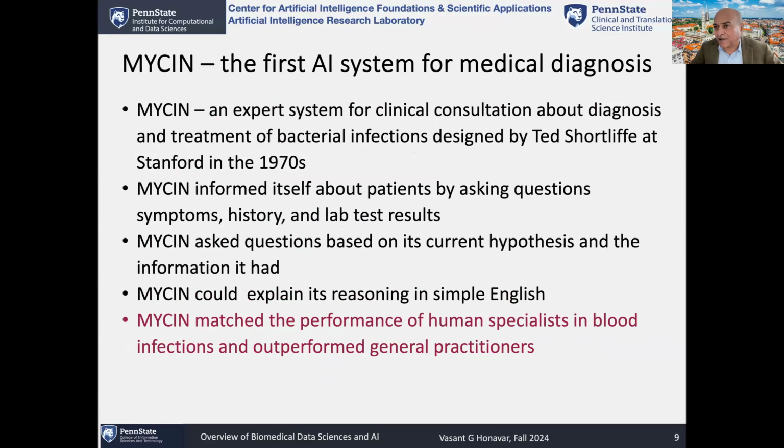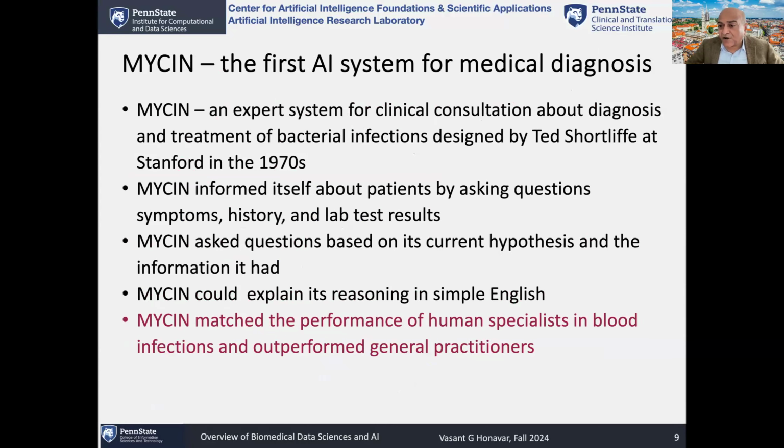So let's turn the clock back. This is the 1970s, MYCIN. I don't know if anybody in the audience has heard of this system, but it was the very first AI system, developed at Stanford to assist physicians with diagnosing blood infections, bacterial infections of the blood.